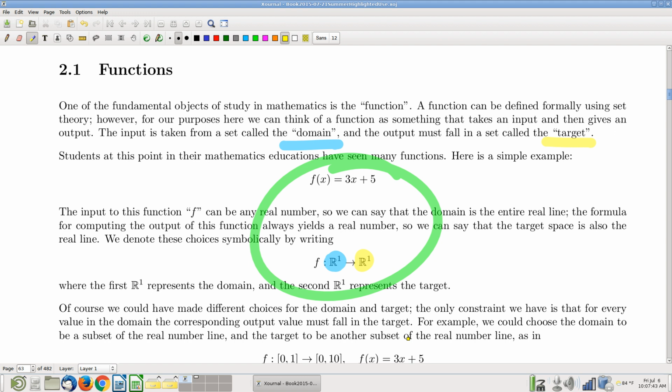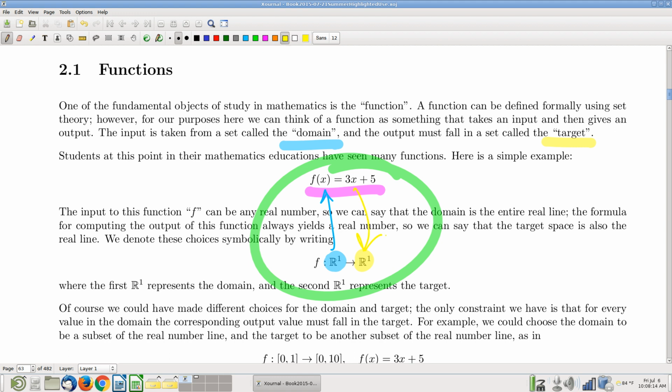That means that when I take an element out of my domain, when I take a real number and plug it into my function, what will come out, I promise, will be in this thing called the target. Namely, what will come out will be a real number. So we've got a domain, we've got a target, and then we have a formula that tells me how to take some number from the domain and get the corresponding output in the target.